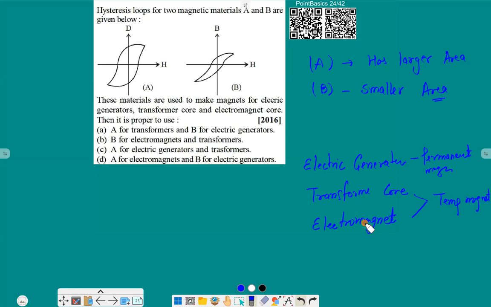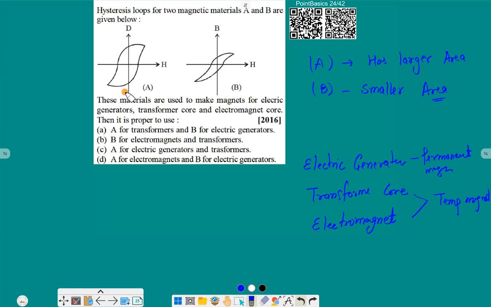If we need to magnetize them multiple times, then this area is equal to the energy loss in the whole process. If we are magnetizing them multiple times, we are losing energy every time, and we want to minimize that energy loss. For that, this area needs to be minimum, and that is good for transformer cores and electromagnets. We need a magnet with minimum energy loss, and for that option B will be a good viable option.